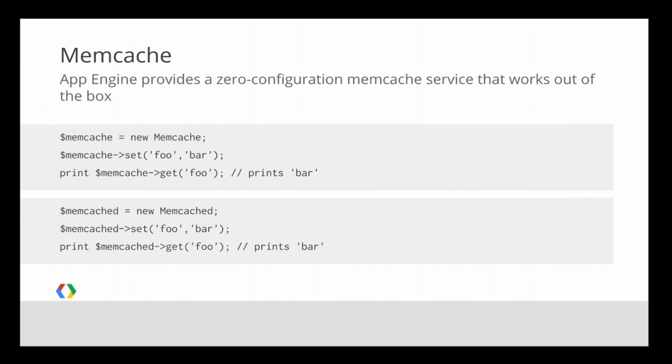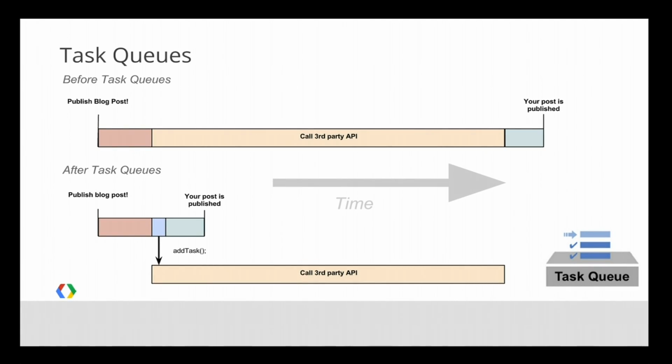So another way you can add efficiency to your applications, as well as some scalability and some reliability, is using task queues. Now, task queues are possibly my favorite feature of App Engine. And in a nutshell, what a task queue is, if you haven't used it before, it's a way of taking a long-running piece of work, let's call it a task, that you would have otherwise running inside the request-response cycle of your application, and that might delay the response to your users while you're waiting for this task to complete.